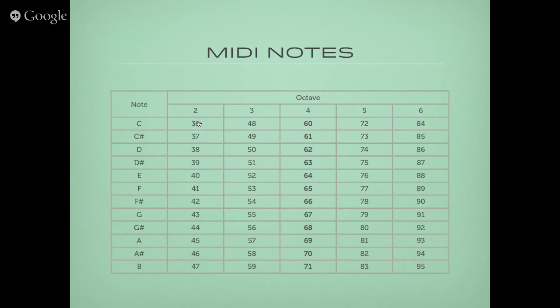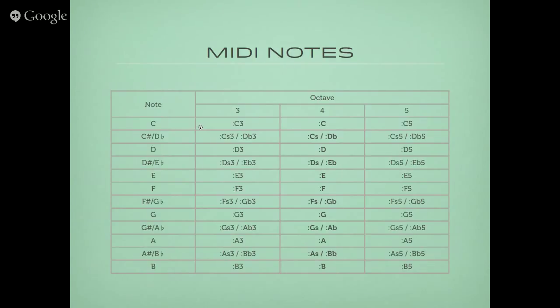If you're looking at a keyboard, the numbers you see here correlate with the numbers of keys on a keyboard. C4, this fourth octave range, is what we'd call middle C, right? 267 hertz or whatever. Middle A would be the standard frequency that all Western music is based off of, 440 hertz.